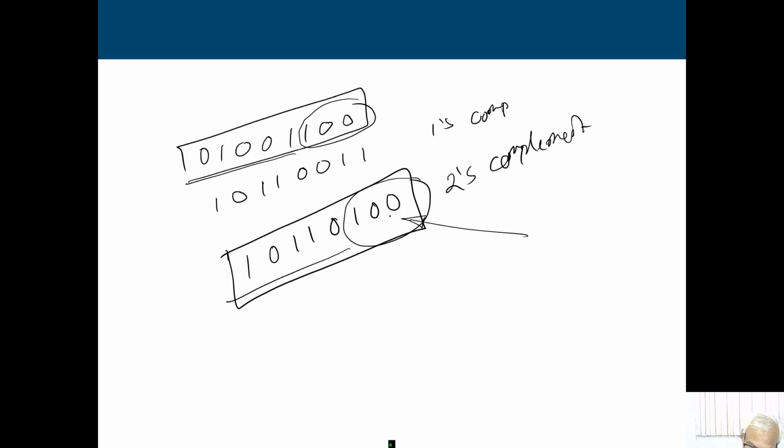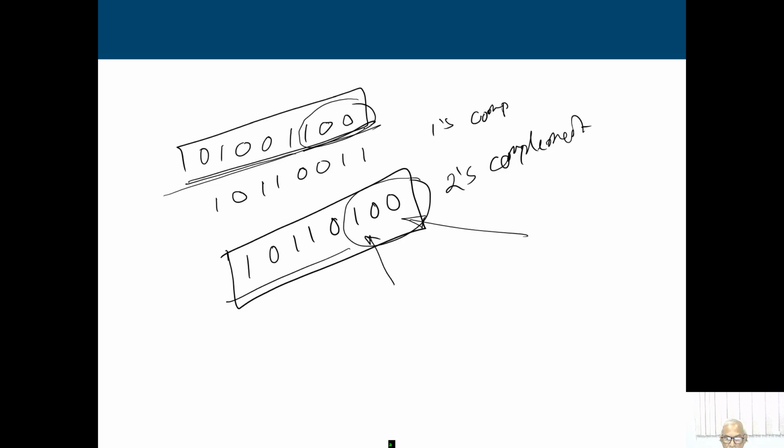So, 0 0 1, this is the first one that I have encountered in my given number. Till that point it remains the same, and after that you simply complement each bit. So, after that 1's become 0 and 0's become 1. So, by looking at the bit pattern also we can always write the 2's complement.